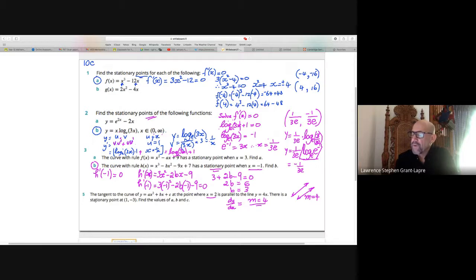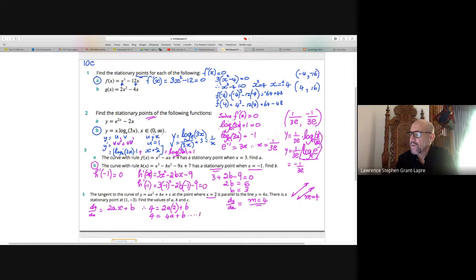So if I get the derivative of this, dy dx equals 2ax plus b. Now that derivative will equal 4 when x is 2. So we get 4 equals 4a plus b.